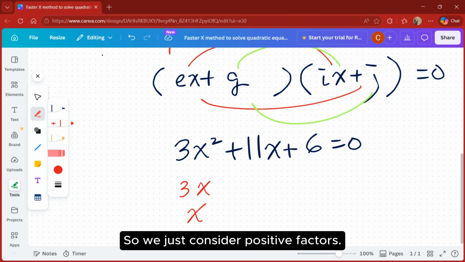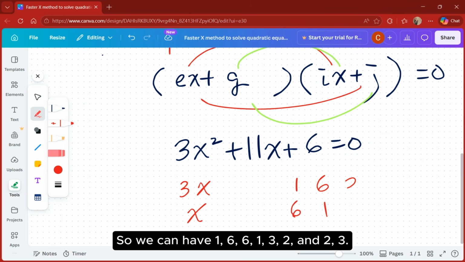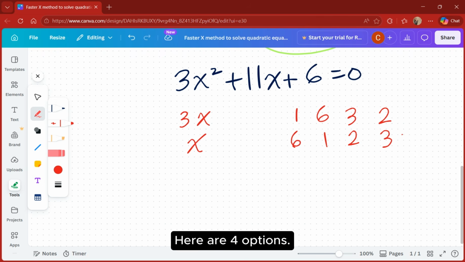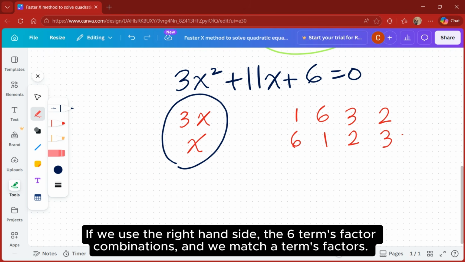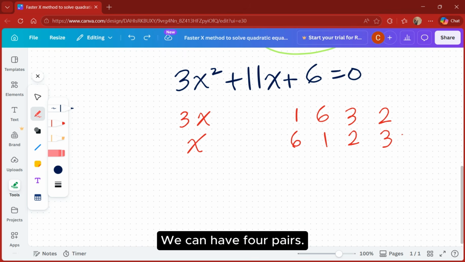We just consider positive. So we can have 1 and 6, 6 and 1, 3 and 2, and 2 and 3. Here are 4 options. If we use the right hand side, the factors of 6, and match the a term's factors, we can have 4 pairs.